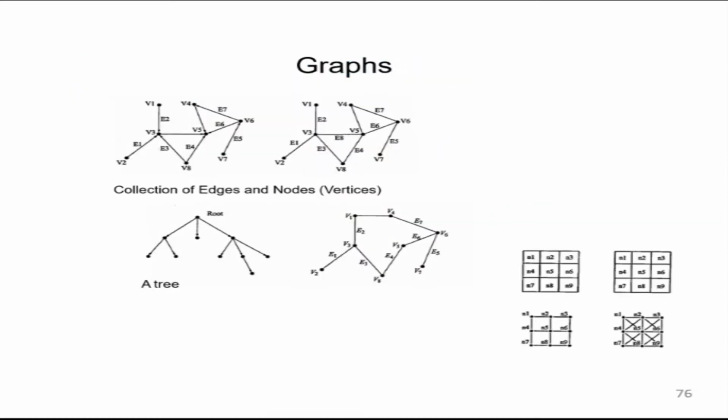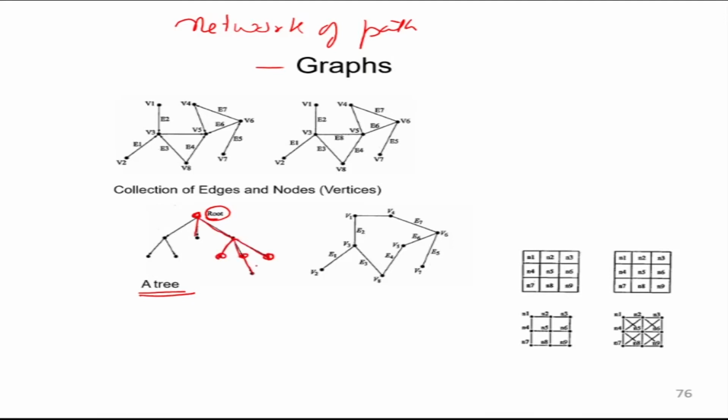Now what we are basically looking at is a network of paths, or graphs. In our case it's a roadmap, basically a network of roads. There can be different types of graphs. For example, you can have a tree type, in which case you have a root. This is my root, and from the root you have branches going out like this.